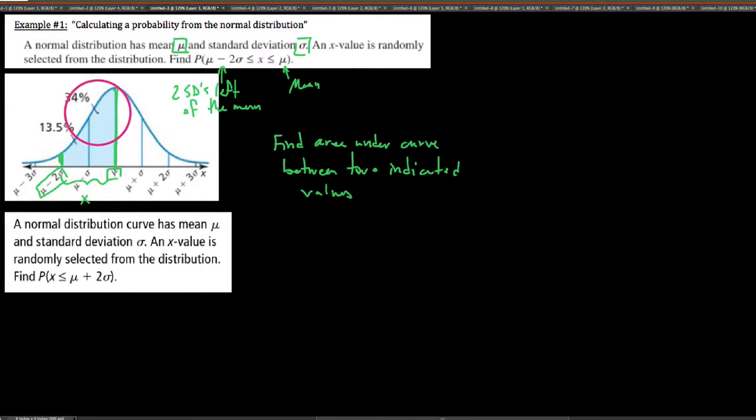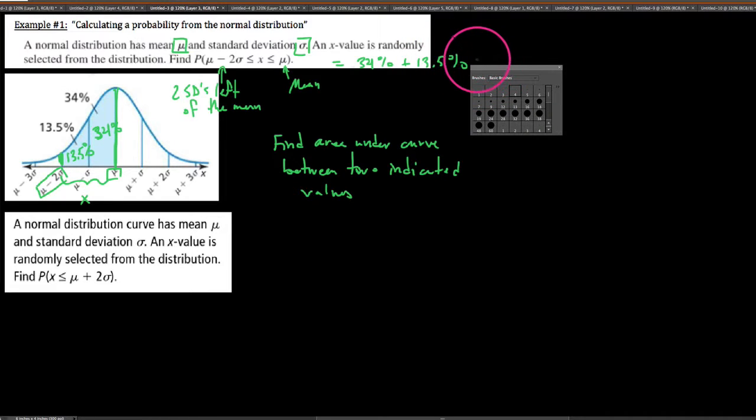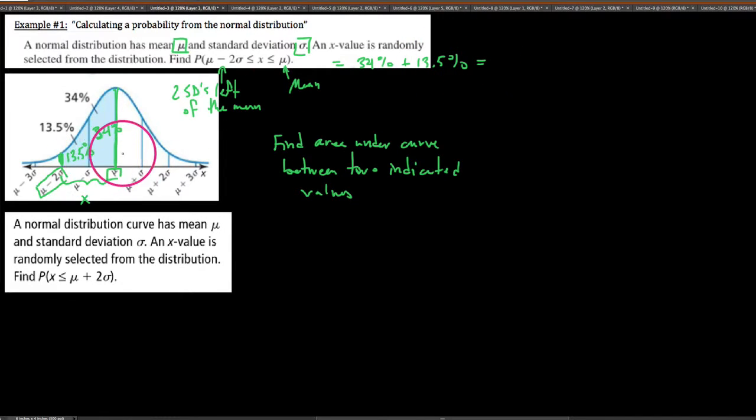So we know that this is 34% right here, 34% between 0 and 1 standard deviation below the mean, and because we know this is 13.5% right here, the total probability would be our 34% plus 13.5%. The probability that we randomly grab an x value between these 2 indicated values then would be 47.5%. So there's a 47.5% chance that we randomly grab somebody that's between these two indicated values.